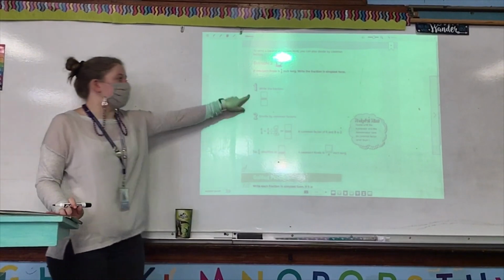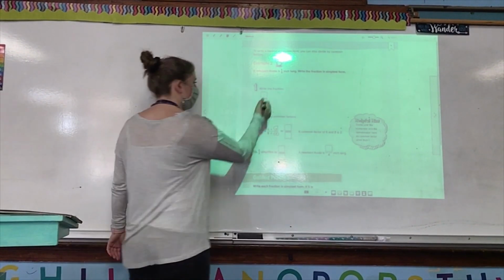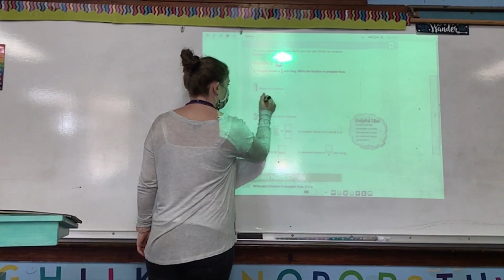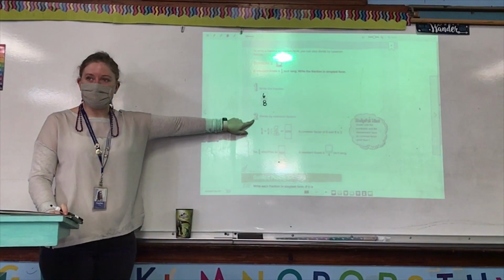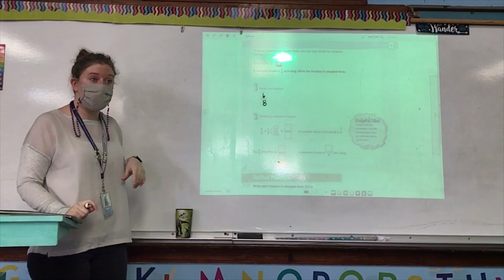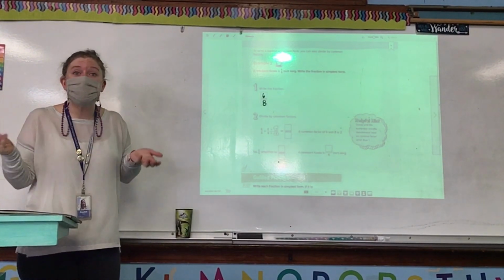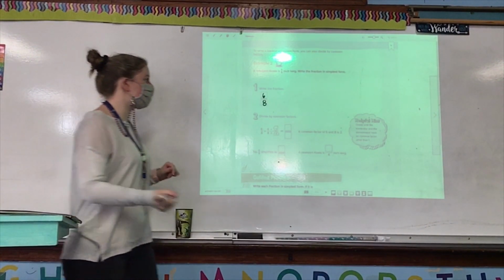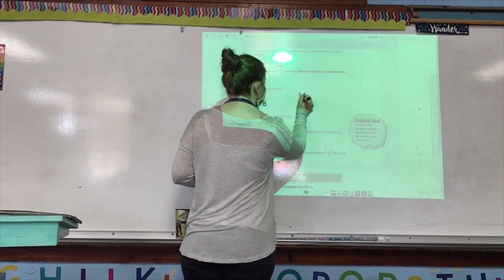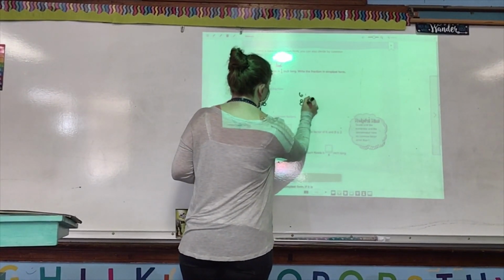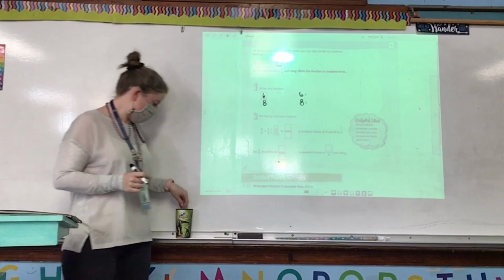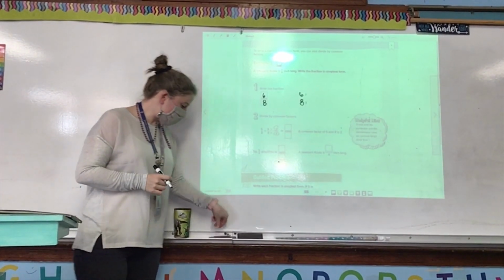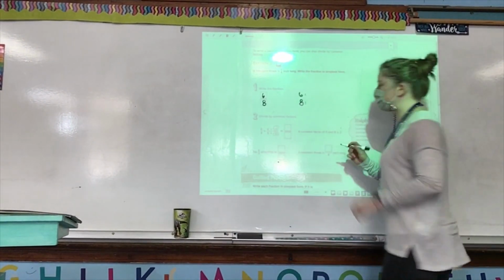So, step 1, write the fraction. Step 2 is to divide by common factors. But before we can do that, first we have to find out what are the common factors and what is the greatest common factor. So, I'm going to list the factors of 6 and the factors of 8. Smith, what's the first factor of 6? 1.